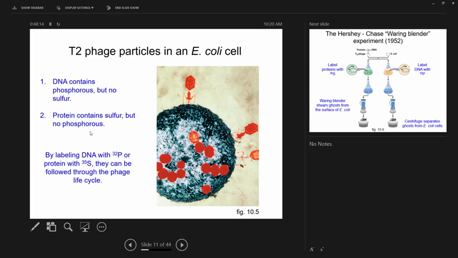And so scientists took advantage of this by using 32P and 35S. These are radioactive isotopes.